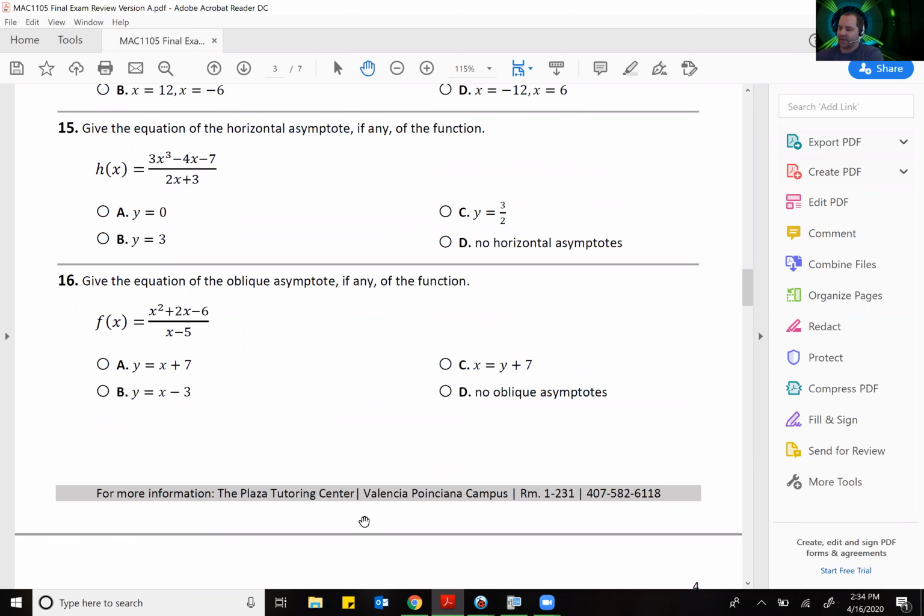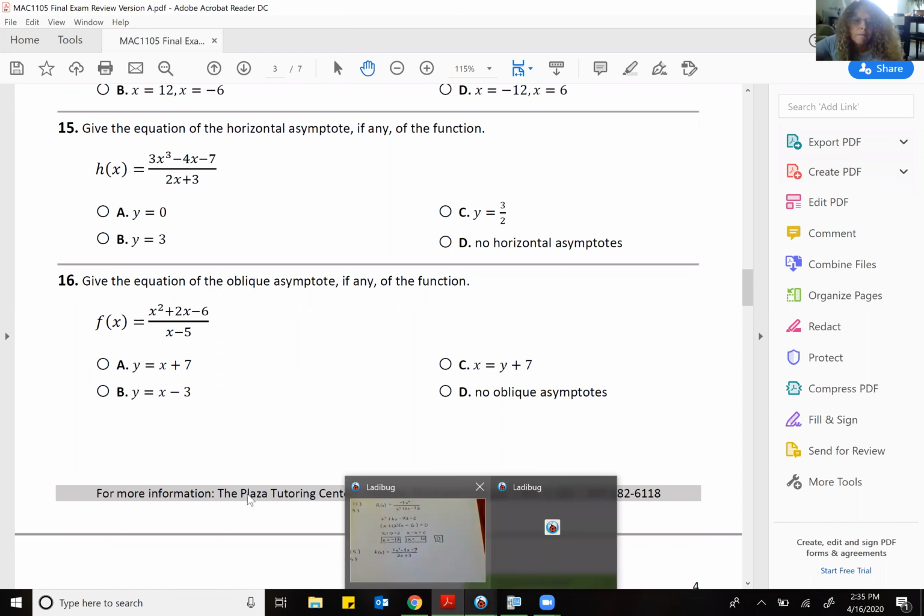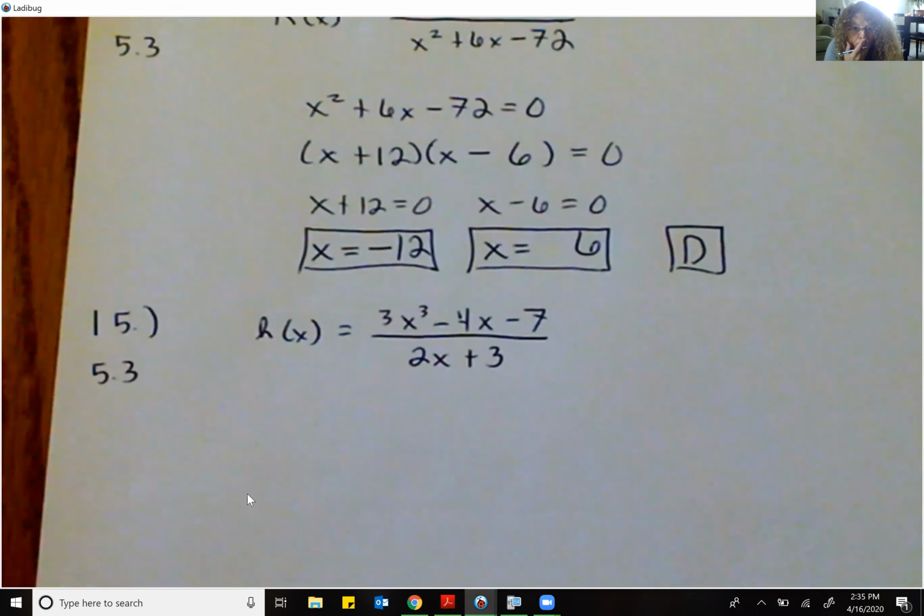So when we do this one, how do we find the horizontal asymptotes? This is going to involve the top. What do we need to look at when we talk about horizontal and oblique?